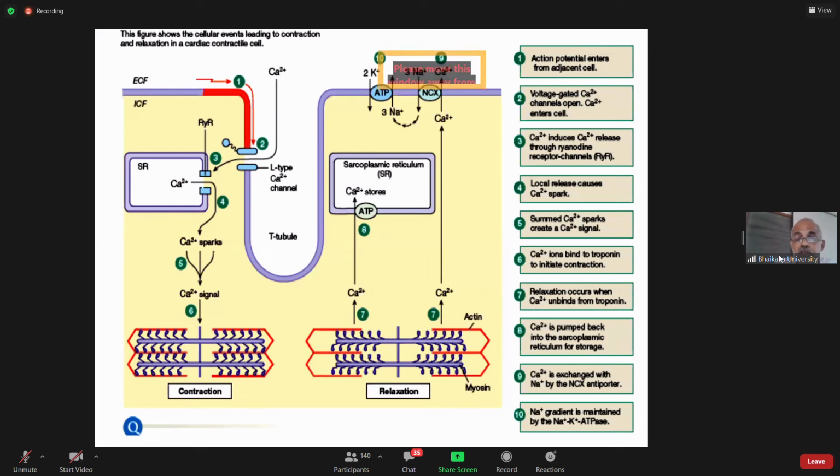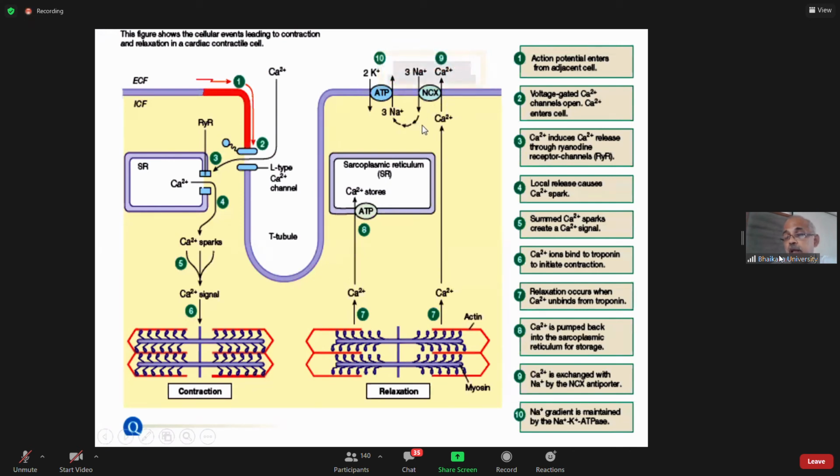During the relaxation phase, the calcium ions are unbound. The unbound calcium ions are resequestered. 80% of calcium ions are pumped back into the sarcoplasmic reticulum. 20% of calcium ions are removed by the sodium calcium exchanger to the extracellular fluid.